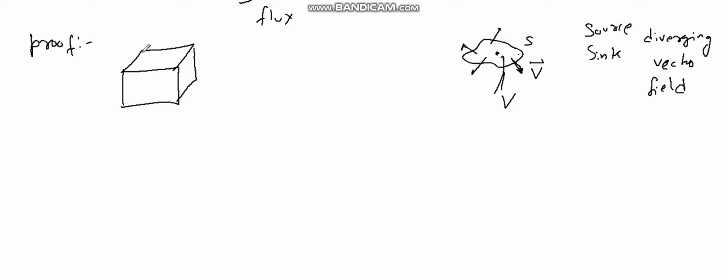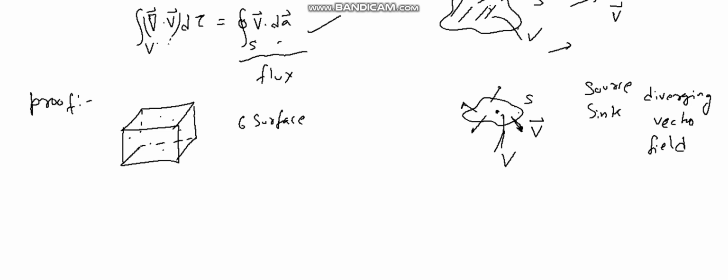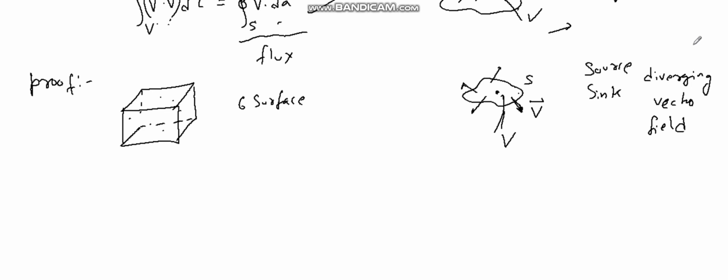In the cuboid we are going to have these six surfaces, and there is a volume V associated inside that surface. So we will prove the divergence theorem for this cube, and we will assume that it is obviously true for all types of surfaces.